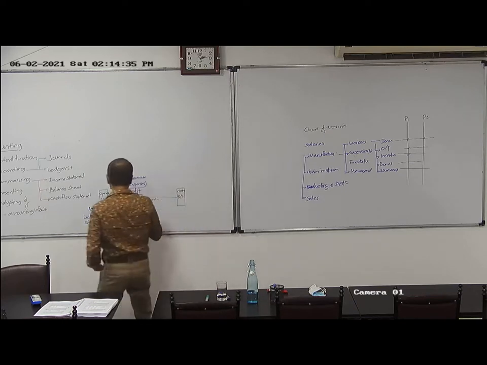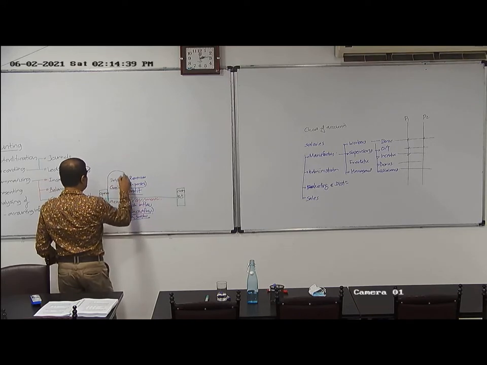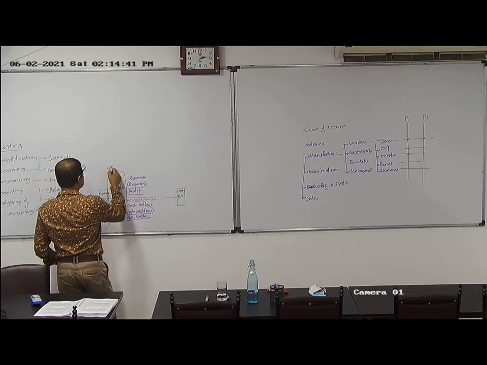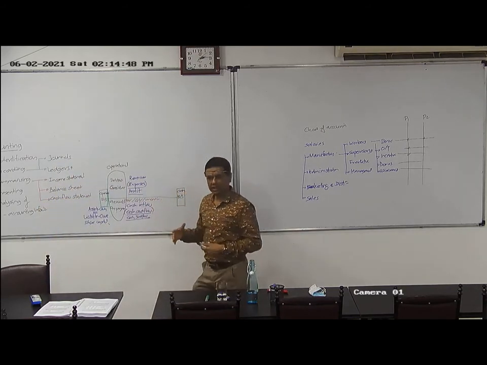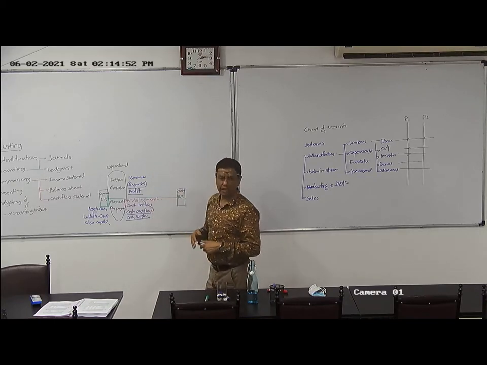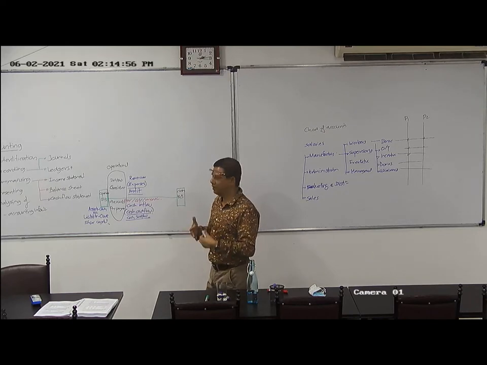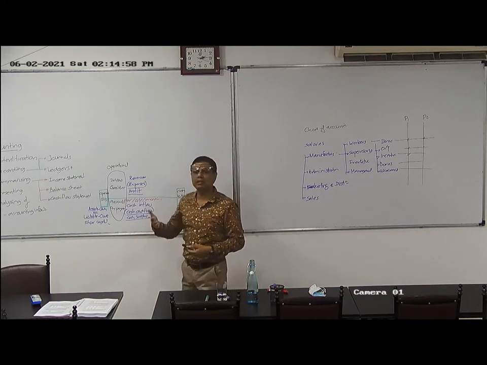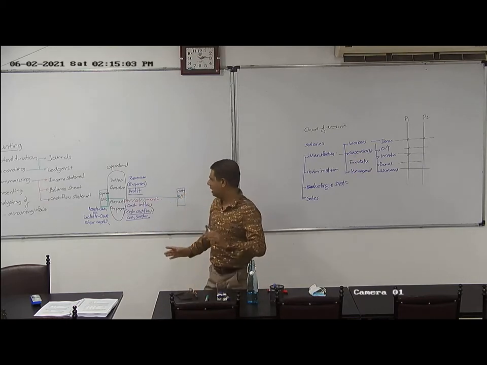So there are operational factors that contribute to the difference between the income statement and the cash flow statement. We can say there are differences in the operational cash flow. This includes the depreciation as well. We come to that later.